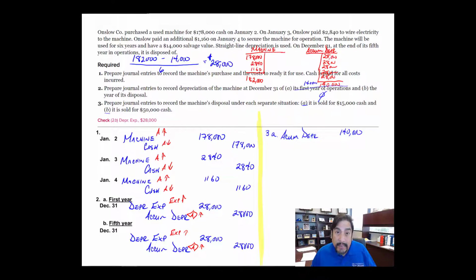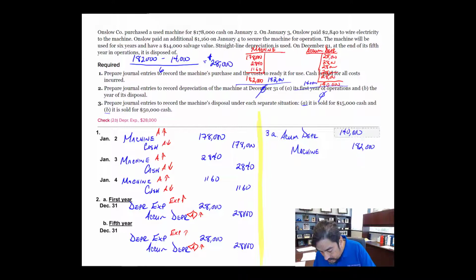And the machine account has a debit balance, so I'm going to credit it to get rid of it. So when I record a credit over here of 182, that wipes out that account. So we always have to make those 2 entries. If there was cash involved, we have to make that entry. There is cash involved. Here in A, we sold it for $15,000 cash, so we brought in $15,000 cash.